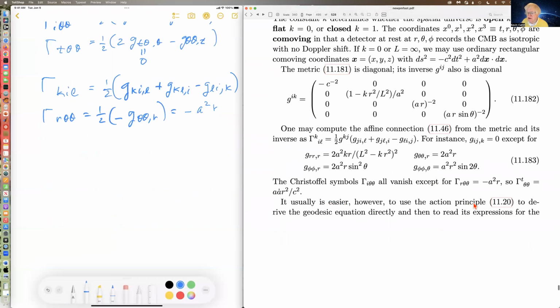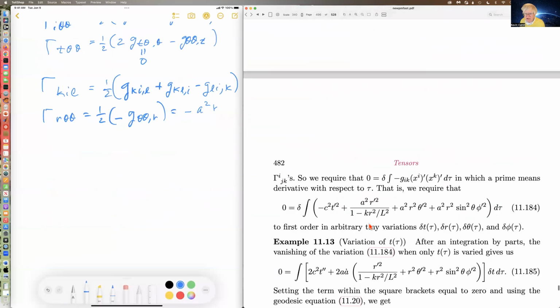It may be easier, however, to use the action principle to derive these things.